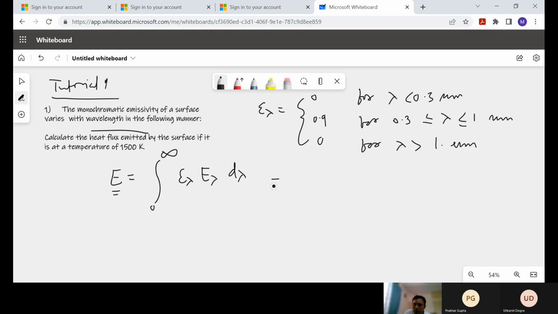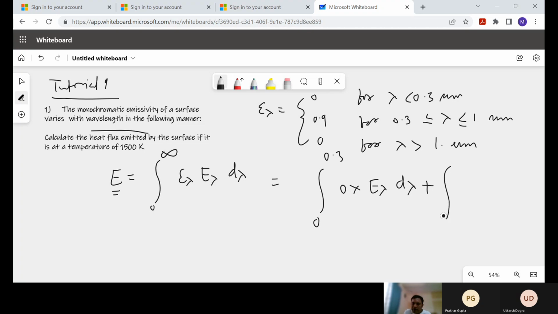So now we can put in the individual terms. For lambda from 0 to 0.3, epsilon lambda is 0, so 0 into E lambda d lambda, isn't it? This will be the first expression.